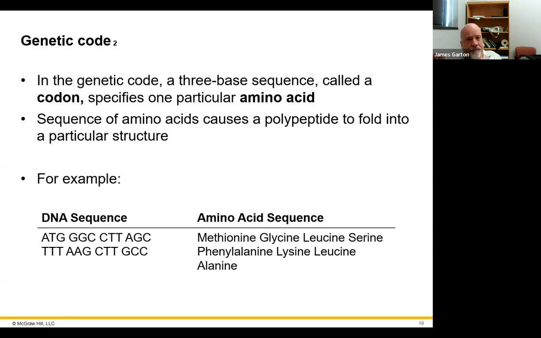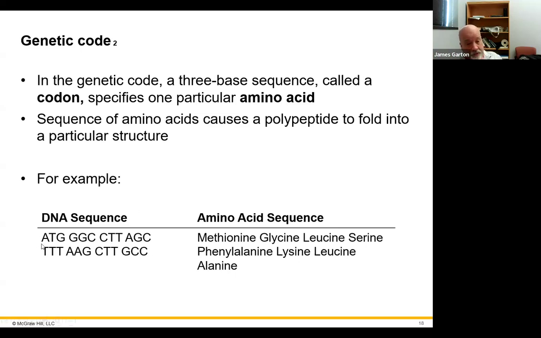And that polypeptide chain begins to fold. And when it folds up, it adopts a very particular shape. And that very particular shape determines what that polypeptide chain can do. And if the shape is changed, well, the job that polypeptide can do is changed.